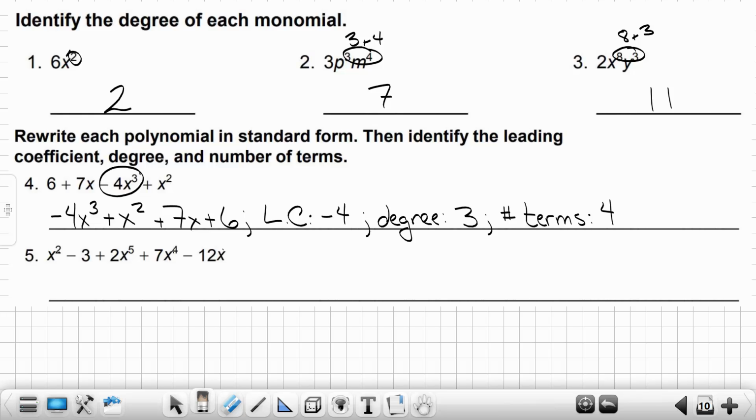So my highest is 2x to the 5th. What's my next highest, Seth? 7x to the 4th. What's my next highest, Seth? X squared. And it's a plus in front of it, guys. What's my next highest? Yep, -12x. And then I've got something without an x at all. There we go. What is my leading coefficient, Seth?